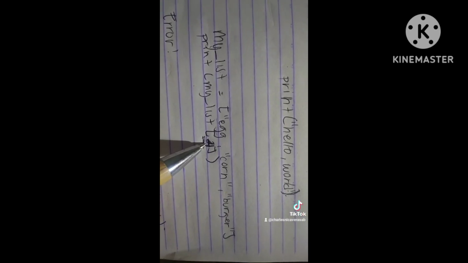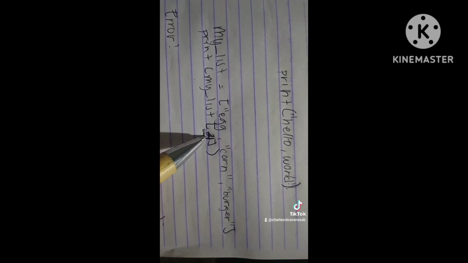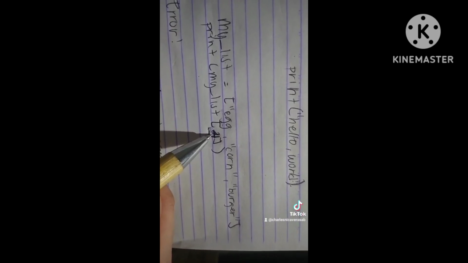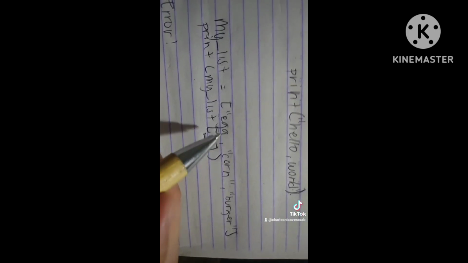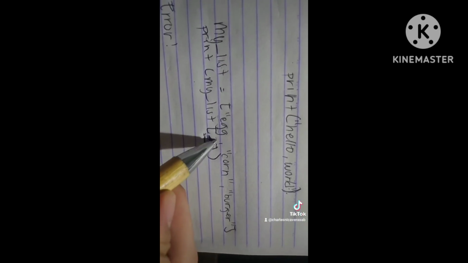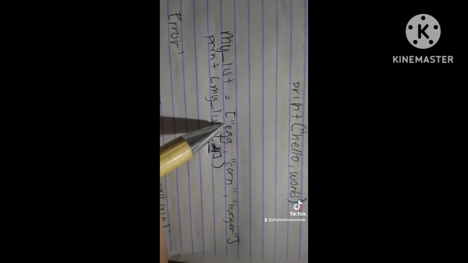Let me go back to my example. If you want to run your code properly, you must write the exact data that is given in your code. For example, this 4 you will change to 2, because the numbering in a Python program starts at 0.